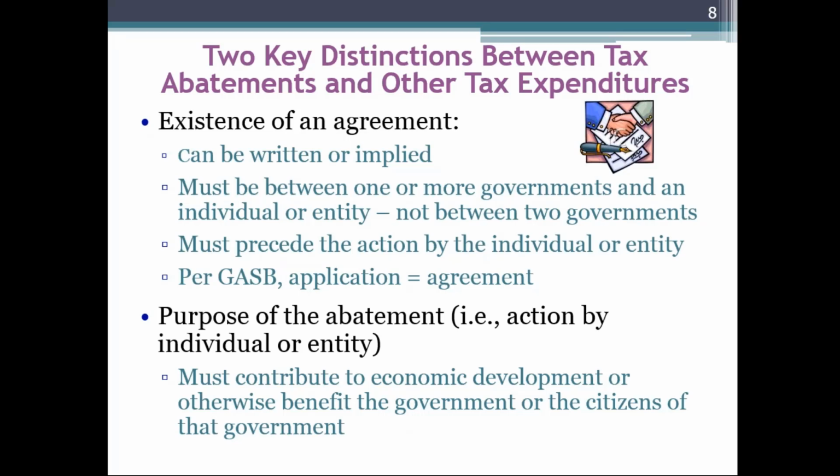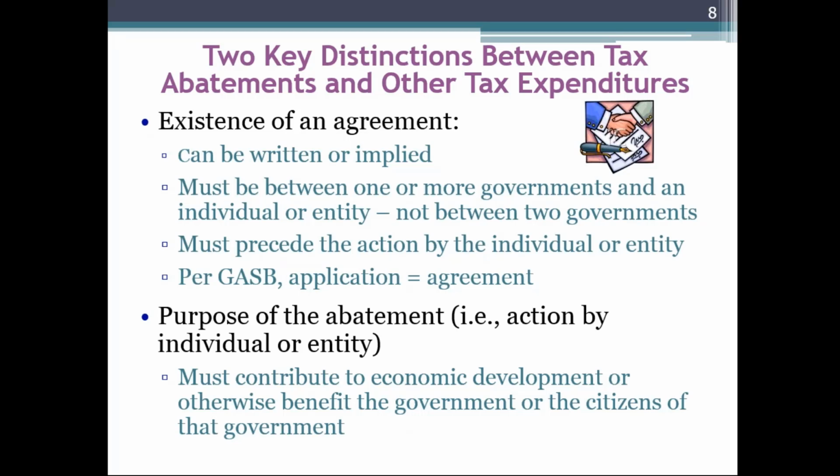One of the things I want to make a little bit of a distinction on here: sometimes government has some things that they call tax expenditures. Those are generally broad policies that the government institutes because they want to encourage some type of behavior. For example, in order to help out municipal bond interest rates, they allow that interest to be excluded from income tax.